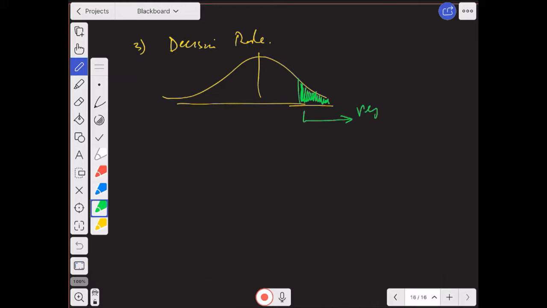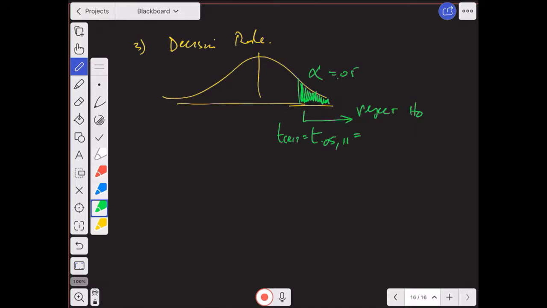I will reject H0 if we're in this region. And because it's a one-tail test, this is alpha completely, 0.05. So our critical value, t critical, is t 0.05, and because our sample size is 12, it's 11 degrees of freedom.